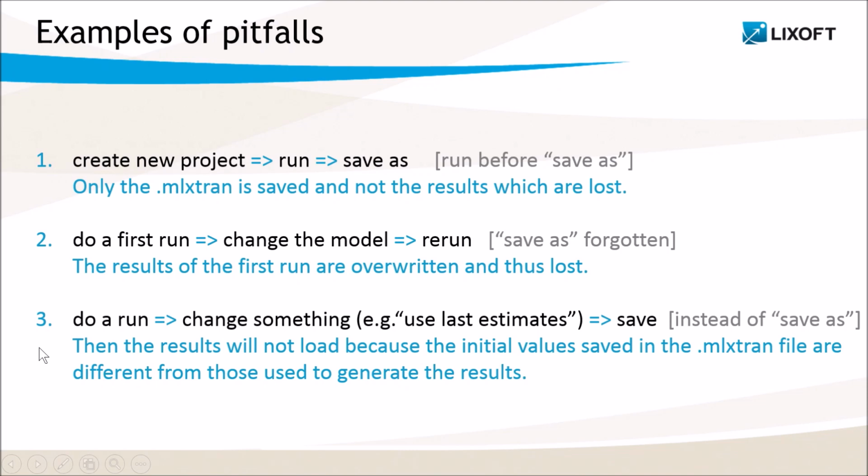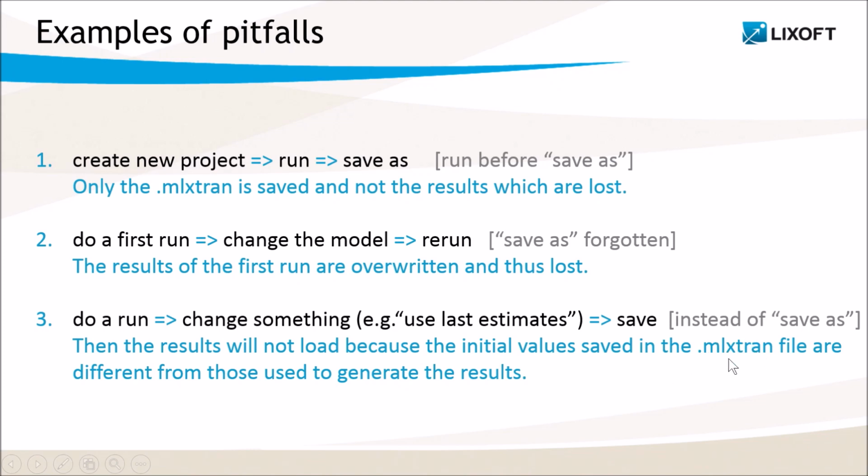And the third quite common example is if you do a run, then you change something in your project. For example, you click use last estimates, and then you do a save instead of a save as. Then the results will not load when you try to reload the project, because the initial values that are saved in the .mlxtran file when you click save are different from those used to generate the results.